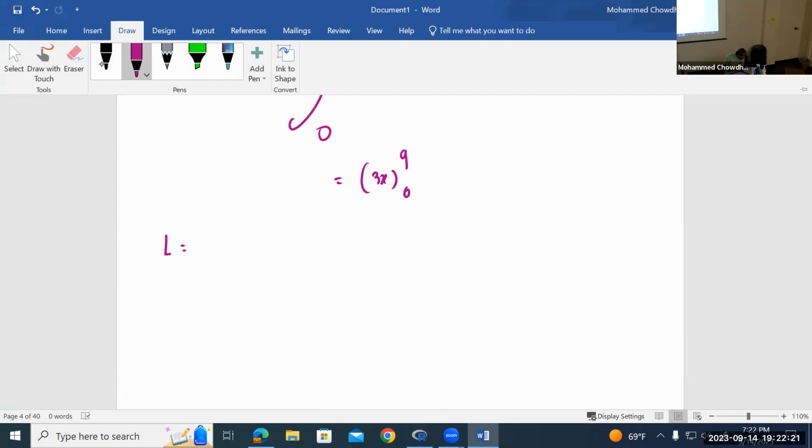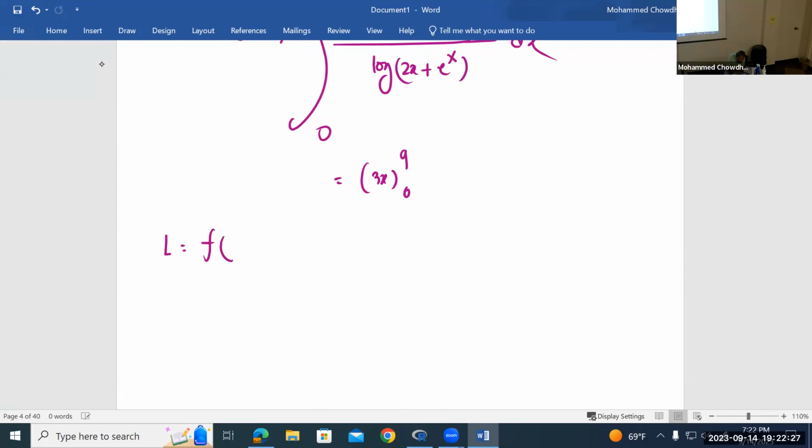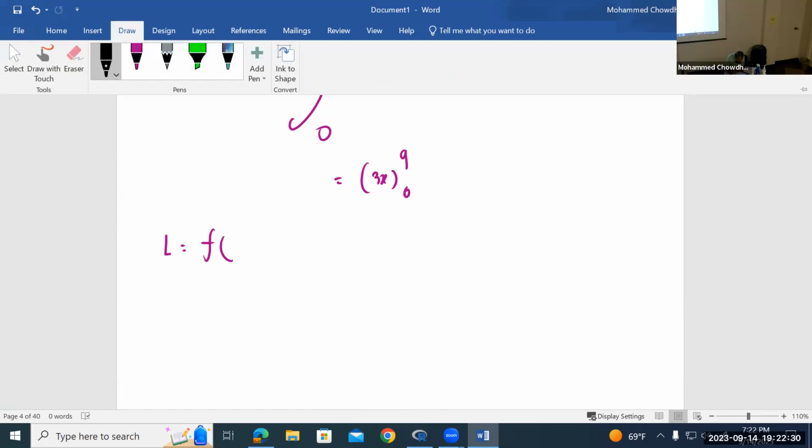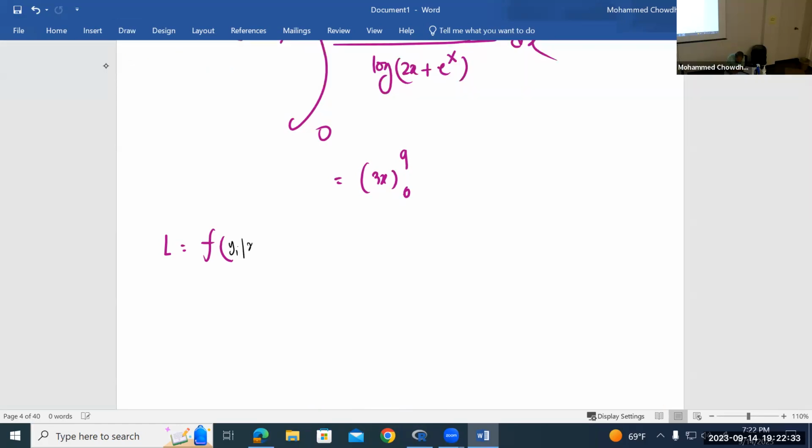The likelihood function could be written as f of yi given xi, which could be written as Gamma of yi plus theta over yi factorial Gamma of theta, and then theta over theta plus mu I to the power theta, mu I over theta plus mu I to the power y.